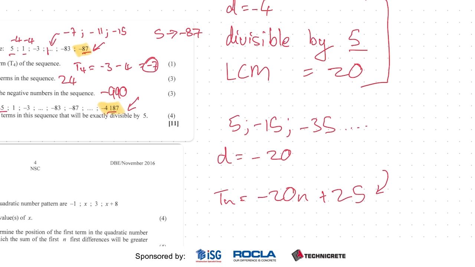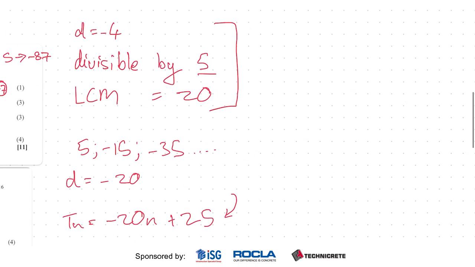And then the point is, now we need to figure out what the last term in the sequence divisible by 5 is. We can do it on the side. So our last term is -4187.